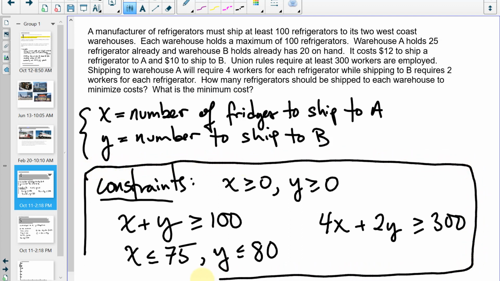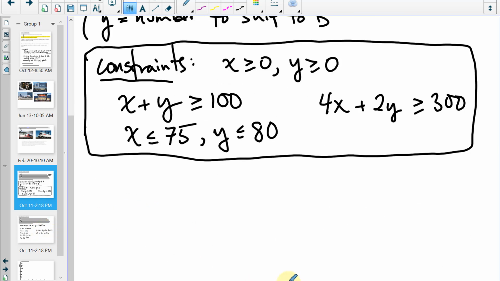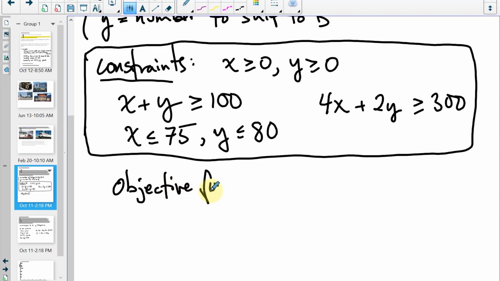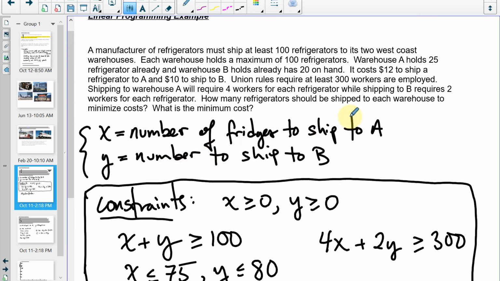So we'll come back to use those to create the region of feasible solutions, but we also always need to get an objective function. The objective function comes from whatever you're trying to optimize.